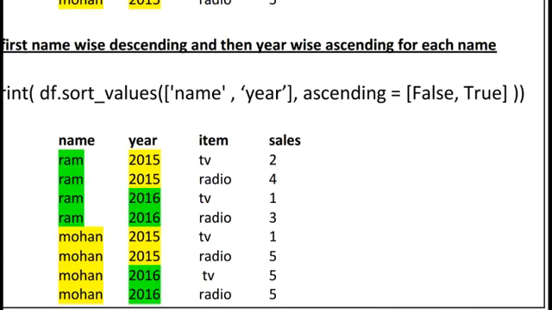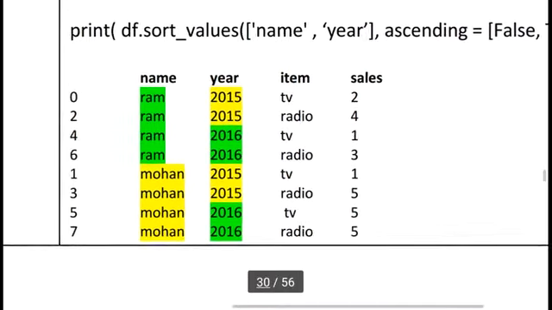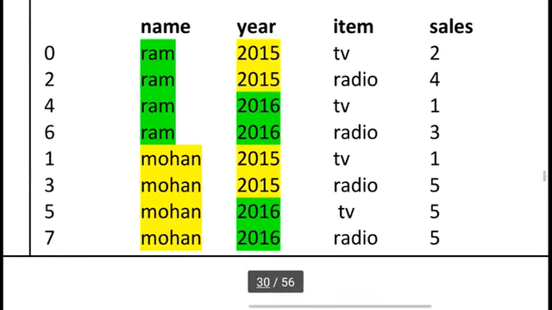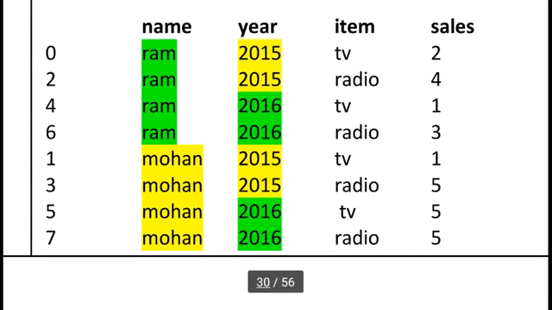So you can see I already highlighted the values, so there is no confusion.